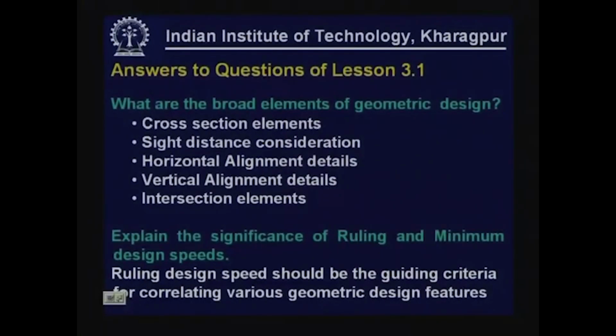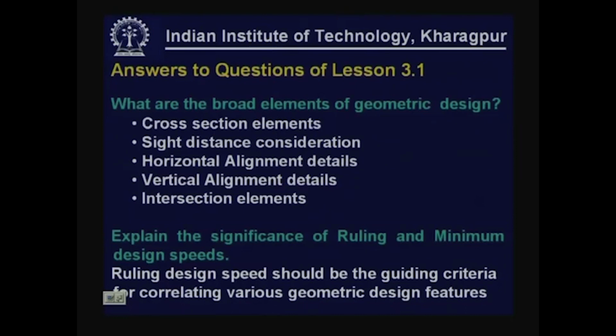Now, I shall quickly go through the answers to the questions we raised during lesson 3.1. What are the broad elements of geometric design? They are essentially cross-section elements, side distance consideration, horizontal element details, vertical alignment details and intersection elements.